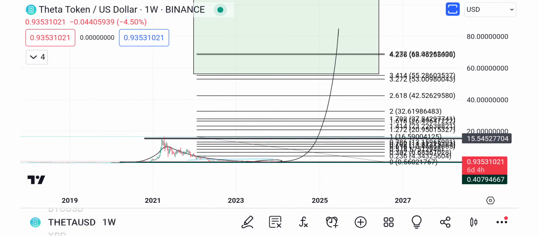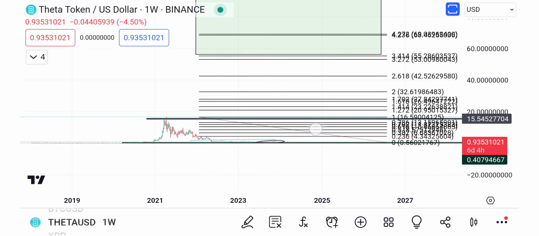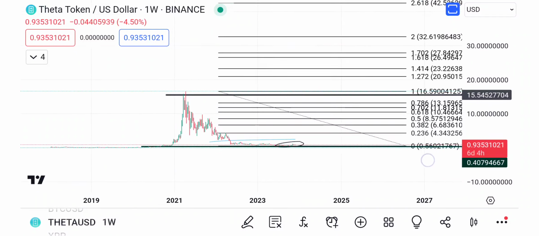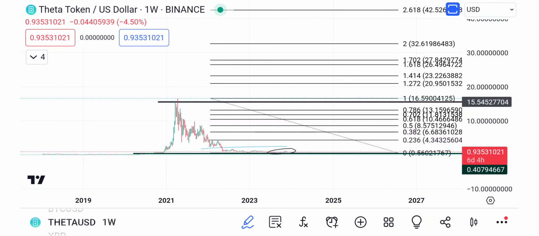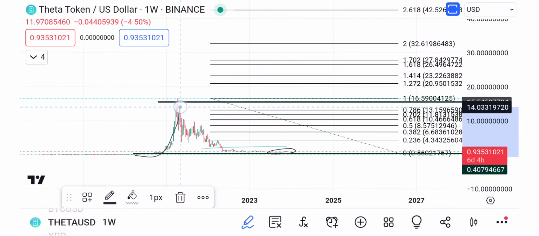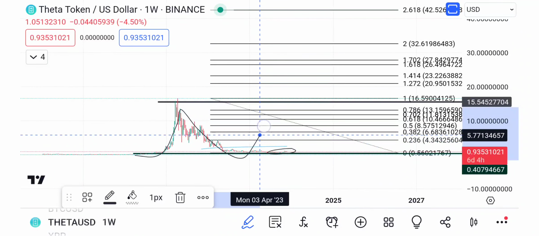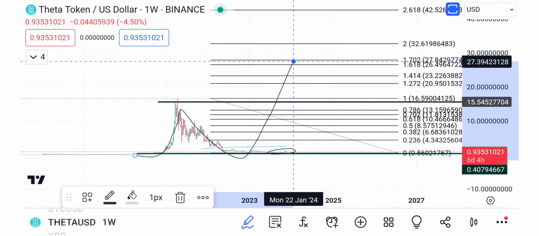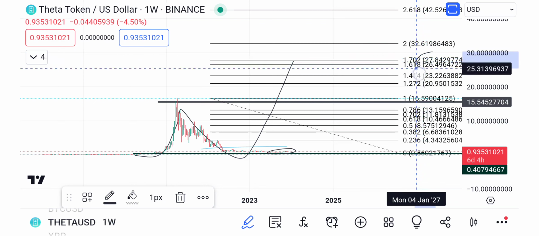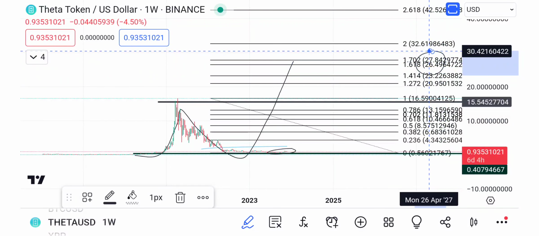So in that case, if you want to be proportional with linear scale, then this is your wave, this is your crash, and this is your second wave. Probably $26, $27, which, by the way, is going to be my first target for Theta.